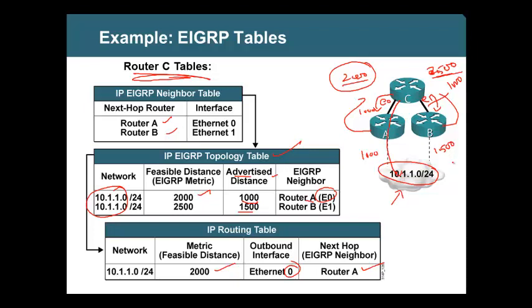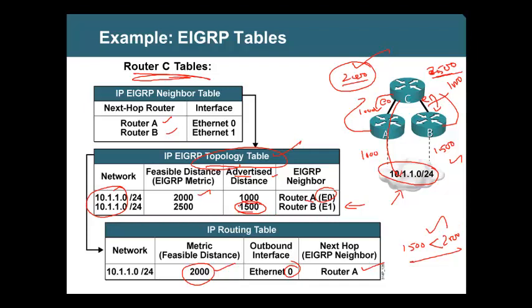Now, will this be a feasible successor? Let us check. For a feasible successor, the advertised distance, which is 1500, should be less than the successor value. What is the successor value? The low metric value. Of course, it is true. That is why you are seeing that in the topology table. Otherwise, you won't find this here.